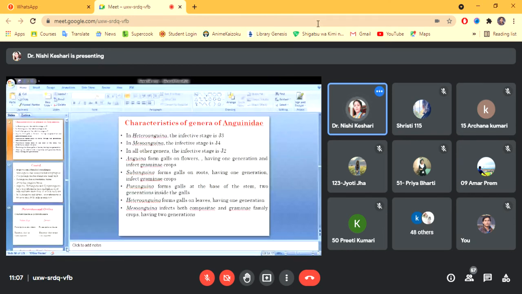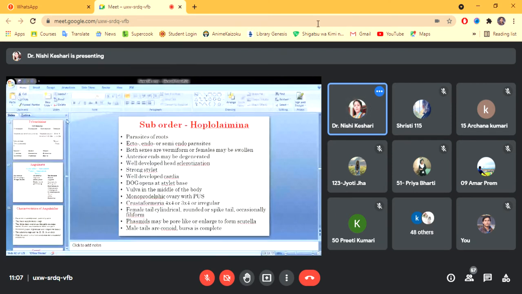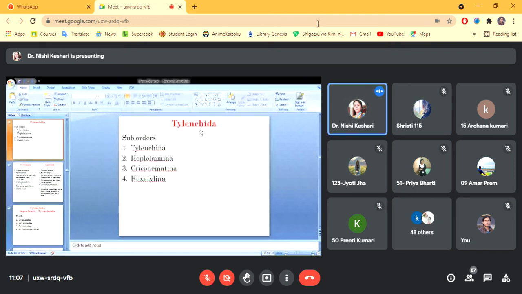Now the suborder Hoplolemina. Under this you have seen Tylenchida is there, Hoplolemina is there, Trichonematina and Hexatylenina. So you have finished Tylenchida, now coming to Hoplolemina.